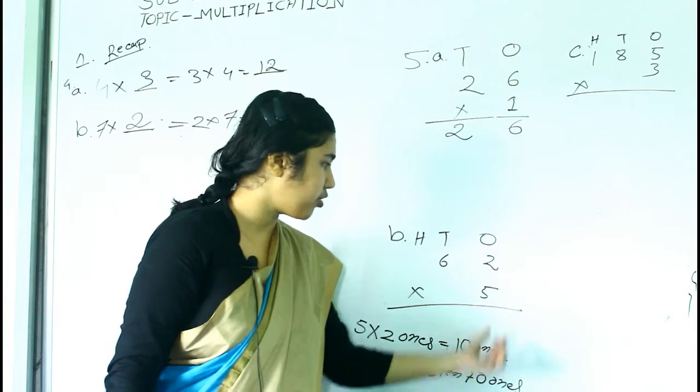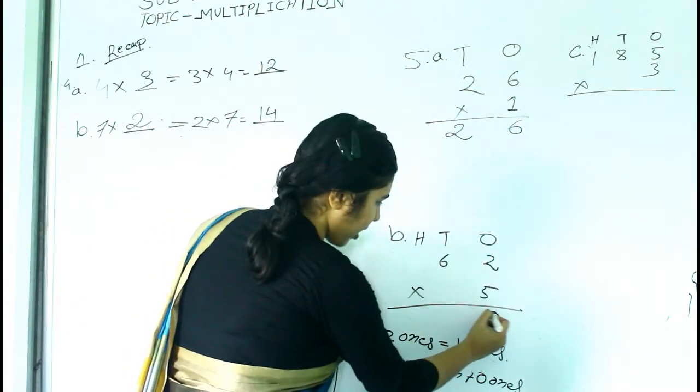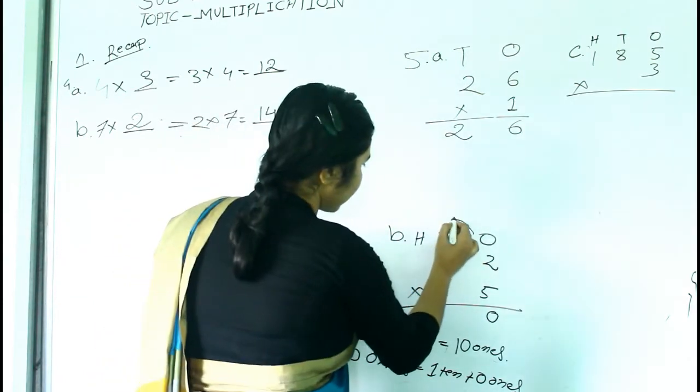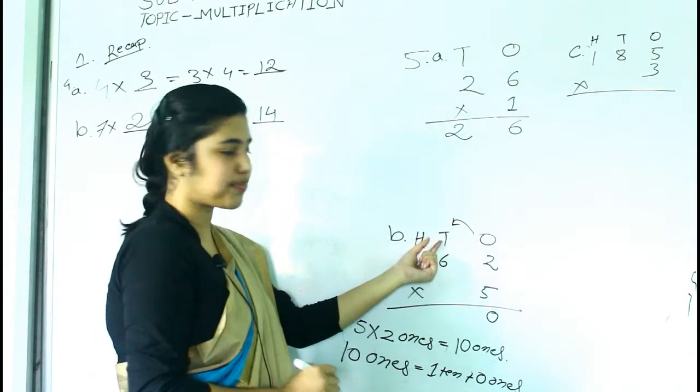So write 0 in the ones place and carry this 1 ten. Carry this 1 to the tens place.